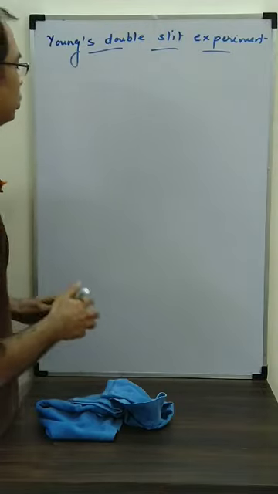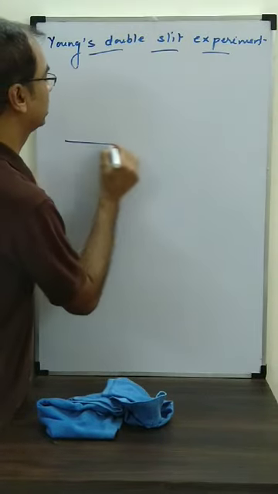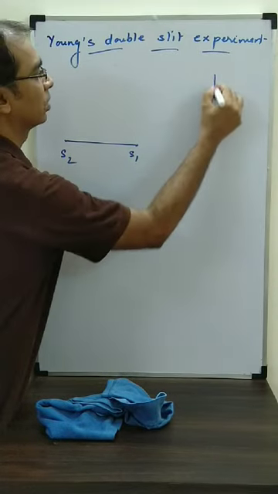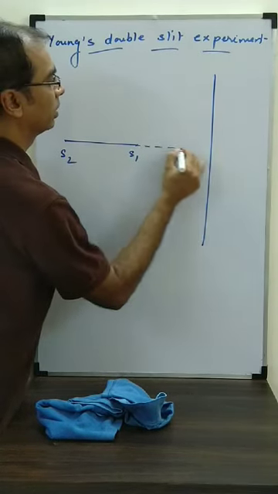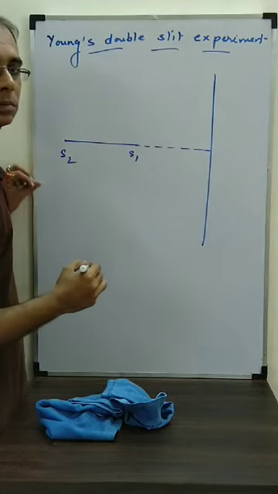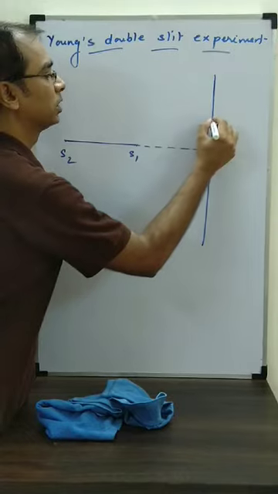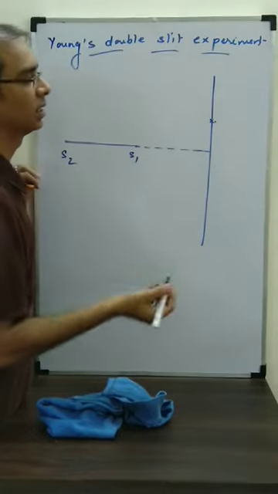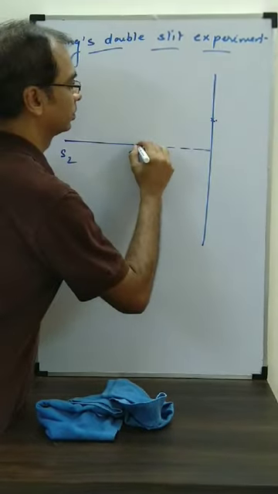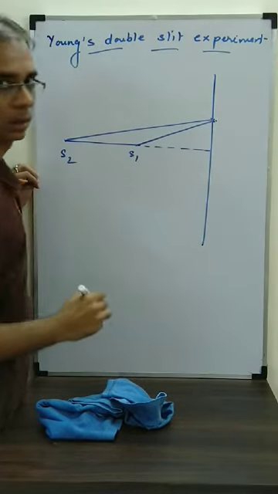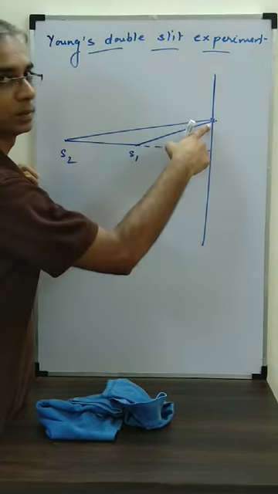Suppose now the 2 sources, pinholes only, are arranged like this. This is S1 and this is S2. And this is the screen. Now, what kind of shape will appear at any point? In this one, suppose this is the point where I am seeing that there is a first maximum. So here is the first maximum.